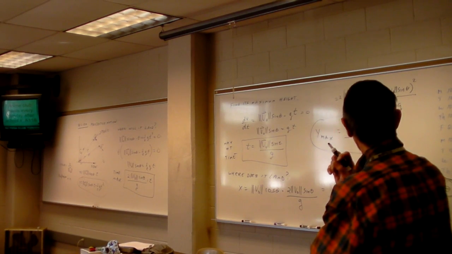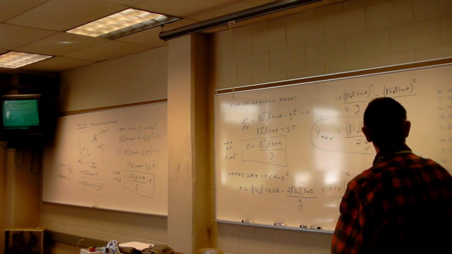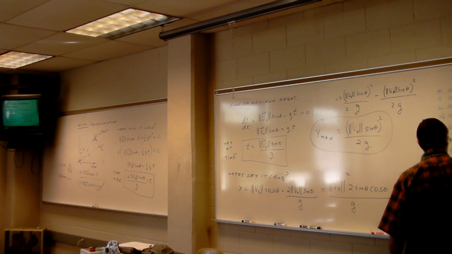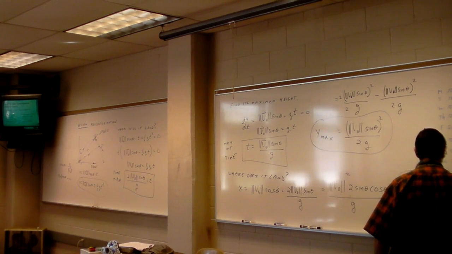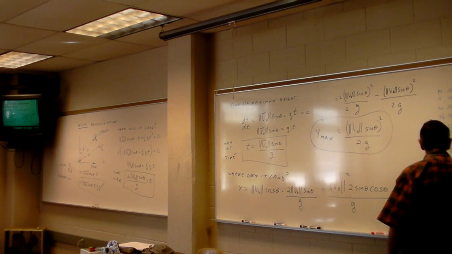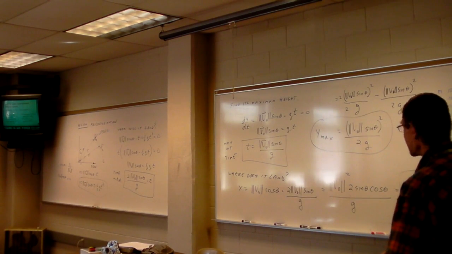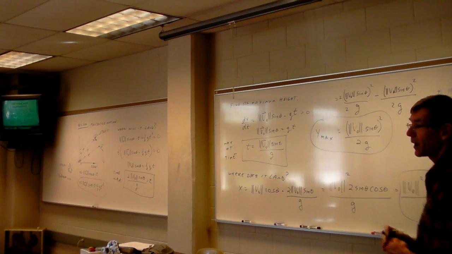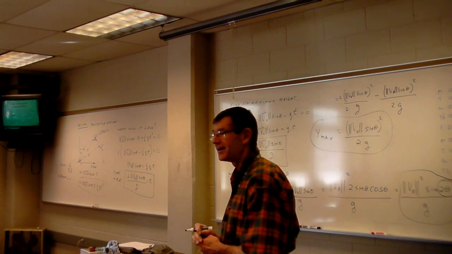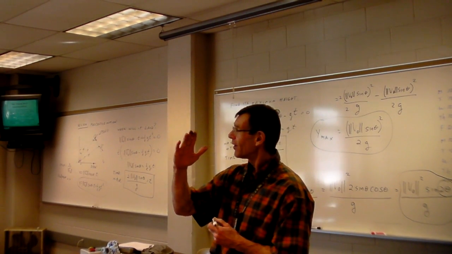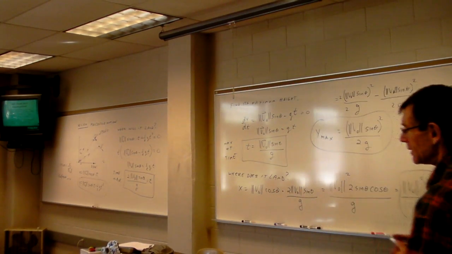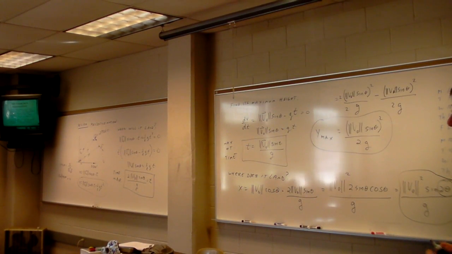So what would theta have to be? Pi over 4. So for max value of sine, theta must equal pi over 4, because then that would produce a pi over 2. And of course, what's pi over 4 in degrees? 45 degrees. So the projectile, all things being equal, should be at 45 degrees to get your maximum distance. It wouldn't necessarily get you your maximum height, but it gets you maximum distance.